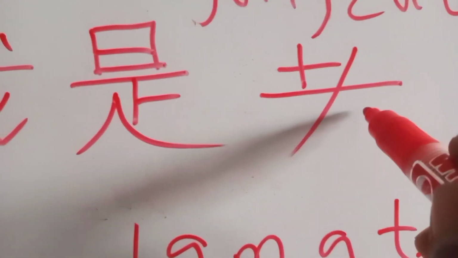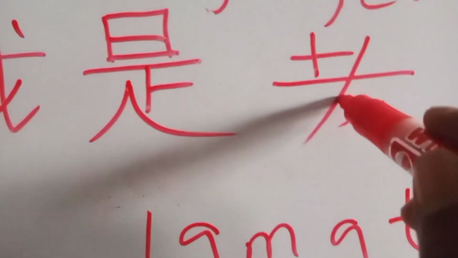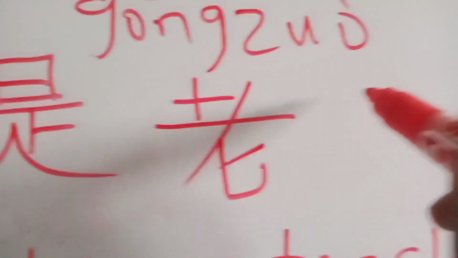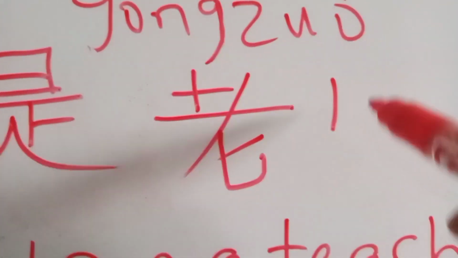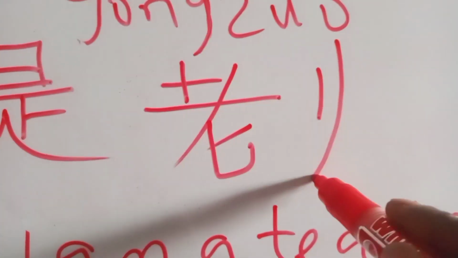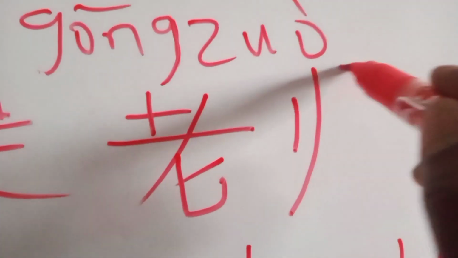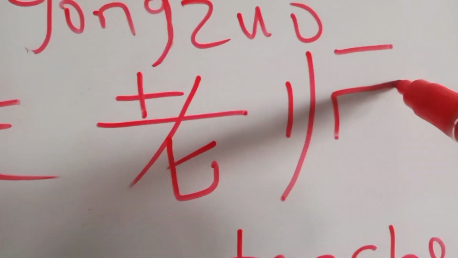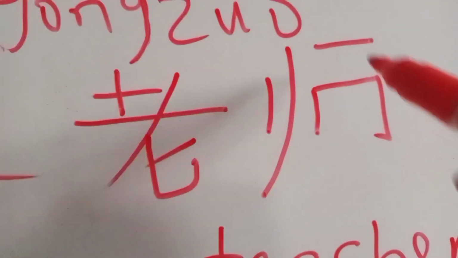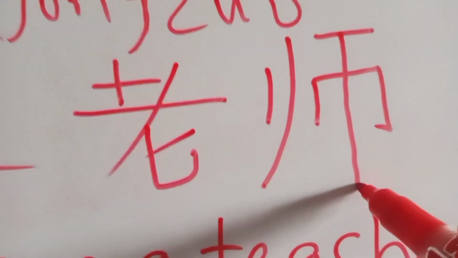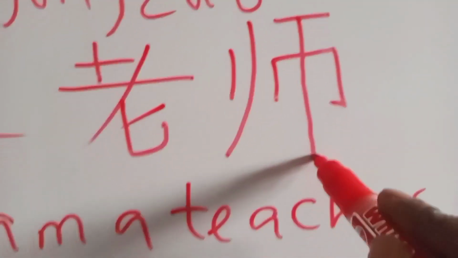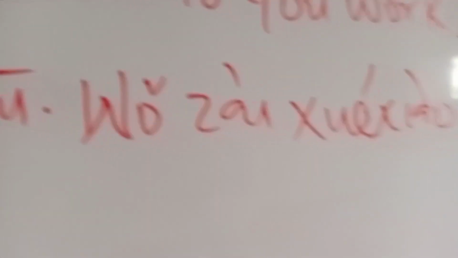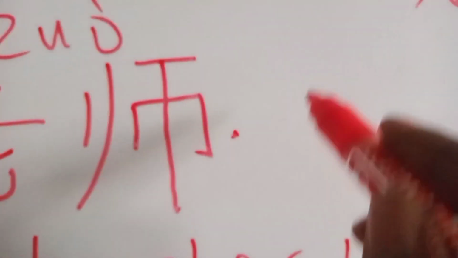This is how to write it. So you do like this and do like this. This is lao. Then shi is like this. You do this. You come here and do this. And bring them together. Just drag it down. This is lao shi. You now say 我在学校工作.